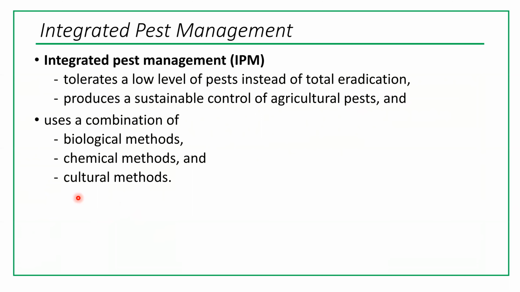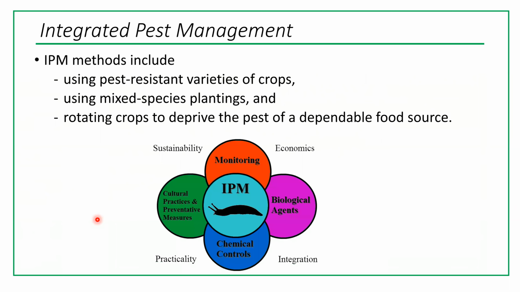But if you use a cultural method, you use a different type of crop, then it's harder for those pests to adapt, right? So this is IPM that combines all these methods.